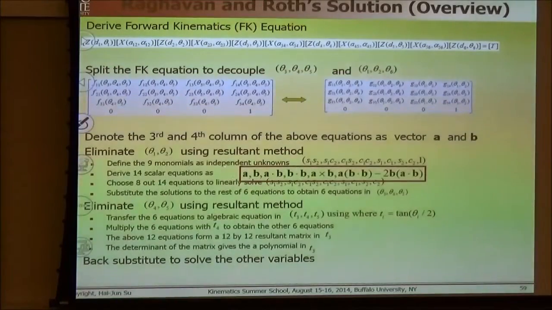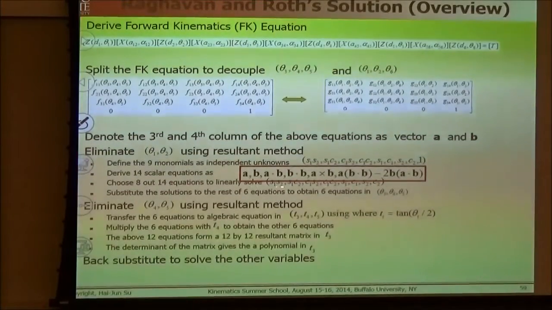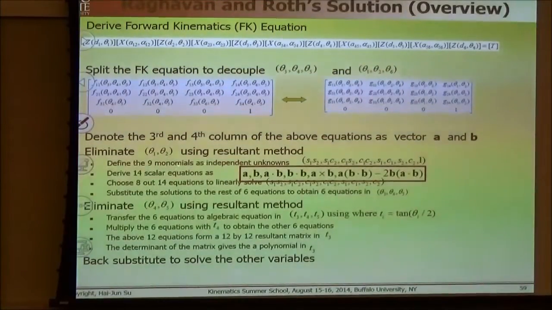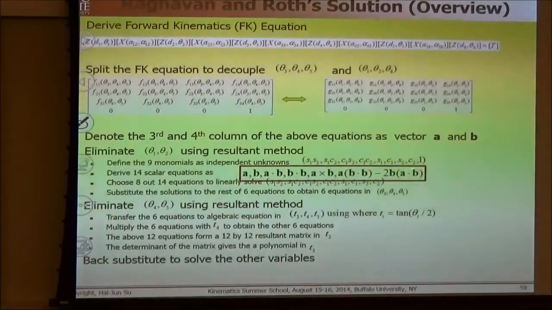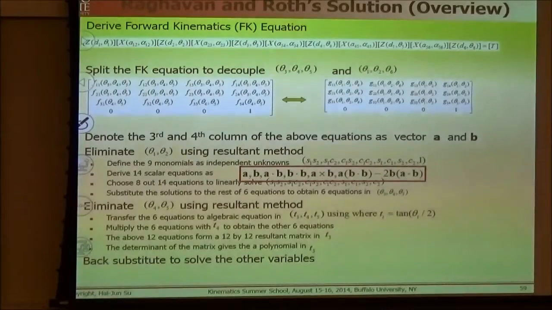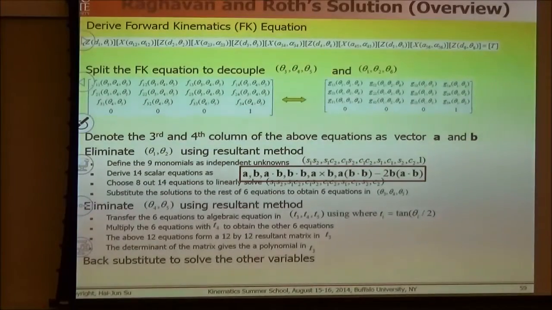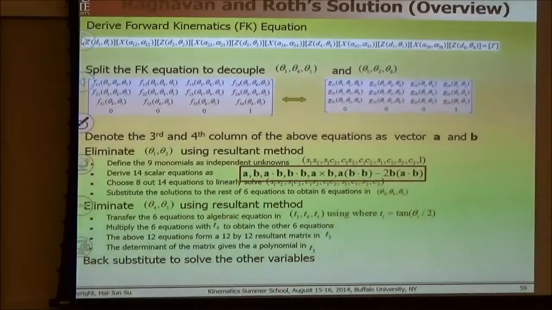Then you can choose from these 14. You can choose 8 of them to construct a linear system to solve this, because here I only have 9 monomials. When I do this, I don't introduce an extra monomial; I have more polynomial equations, but no new monomials introduced into this list. That's actually important.